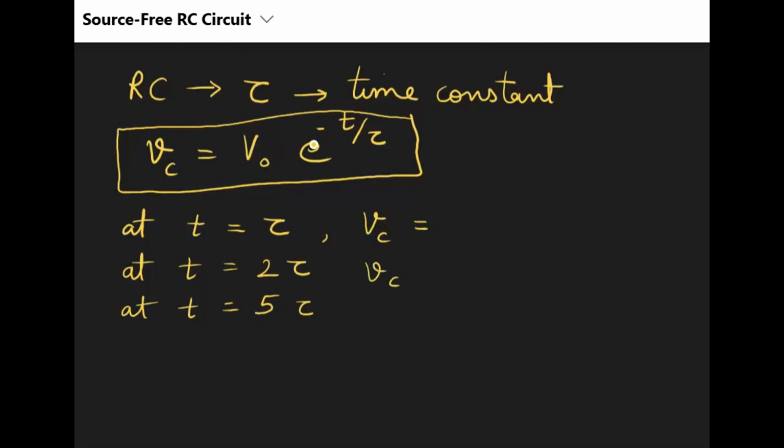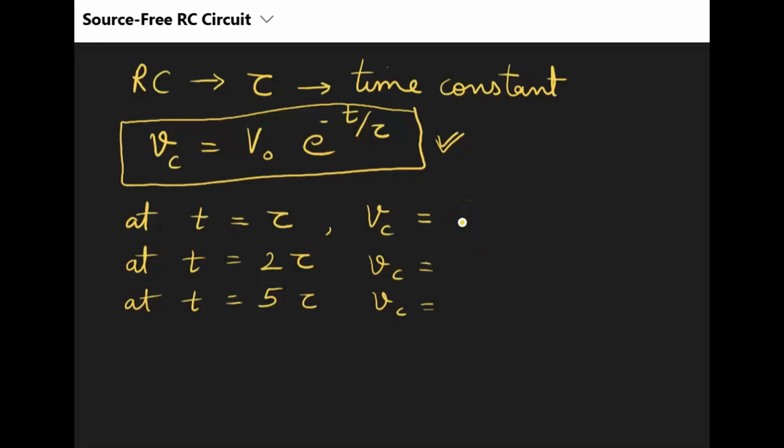You can also find at 3 tau, 4 tau, but if you will find these values, then you will see that at t equals to tau, Vc will become V0 e to the power minus tau by tau, that is V0 e to the power minus 1. The value of e to the power minus 1 is 0.367 and it will become 0.367 times V0.